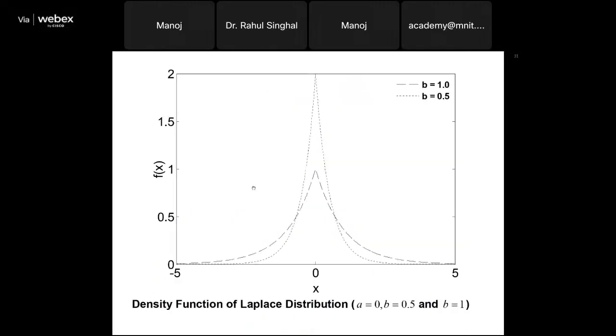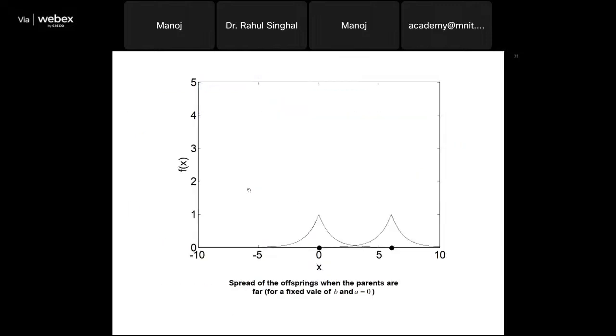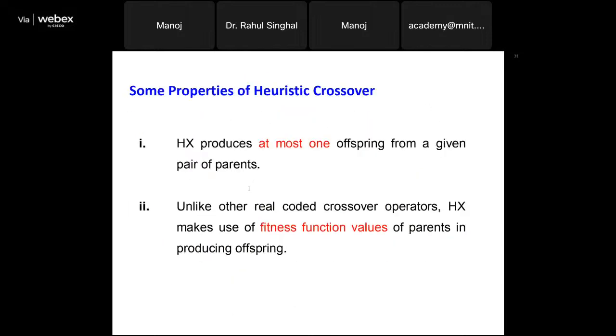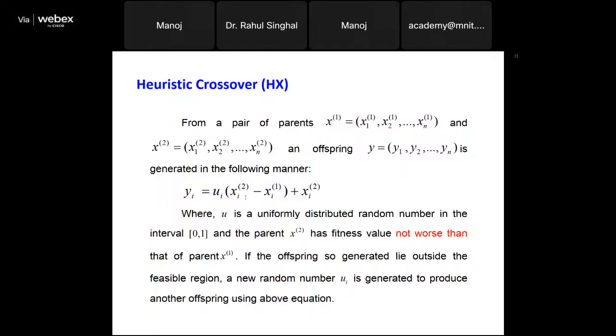That makes it a good choice if you are not interested in doing a lot of number crunching. But side by side, there could be a drawback in terms of exploration, because the exploration done using uniform distribution is completely different from the one done by some other parent-centric distribution.